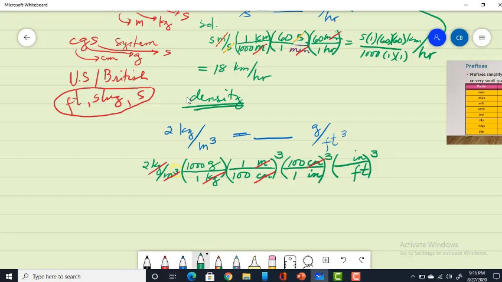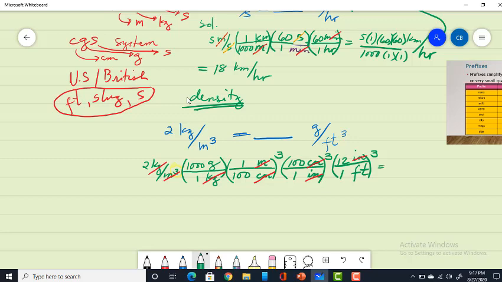And what's the equivalent? In 1 foot, how many inches? 12. Very common, very familiar because that's one ruler. So we can now cancel inch cube in here. So we are left with this.